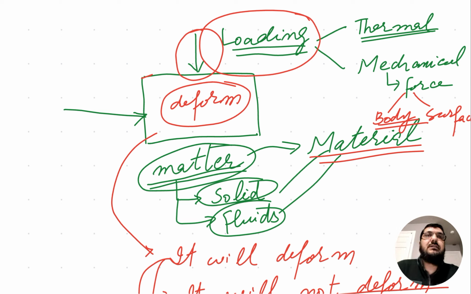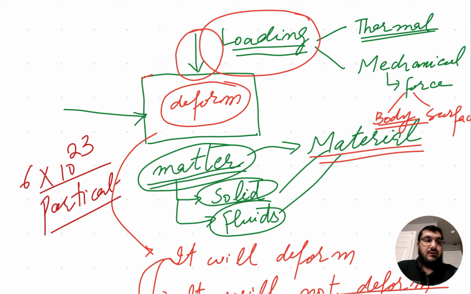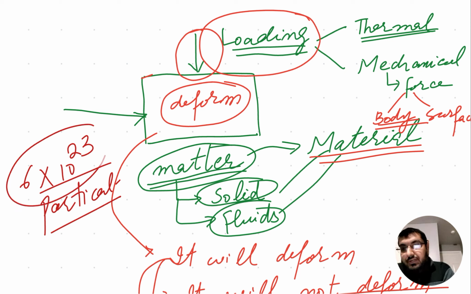How many particles? If I asked how many particles 1 gram of copper has, you would say one Avogadro number, like 6 into 10 raised to 23 particles in 1 mole of a gas or in 1 gram of a solid material. You have to analyze such a quantity of particles, and what about one atom?